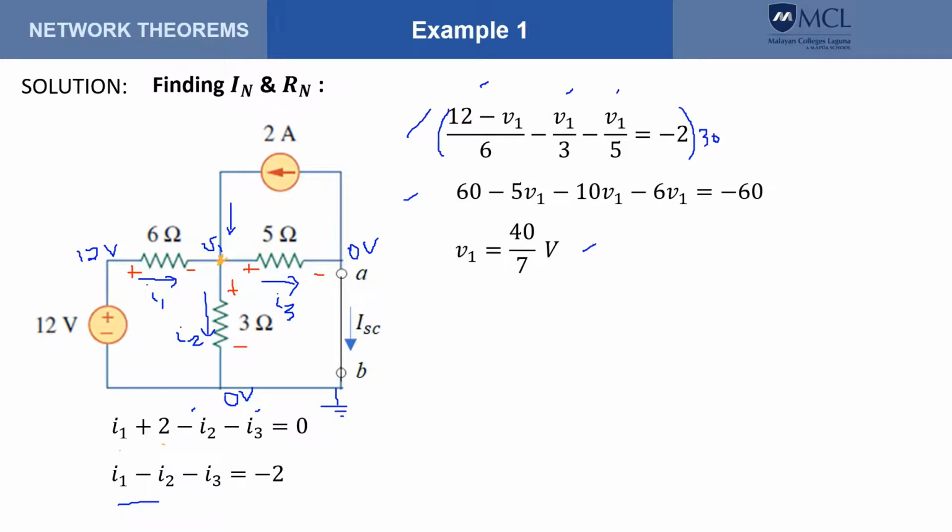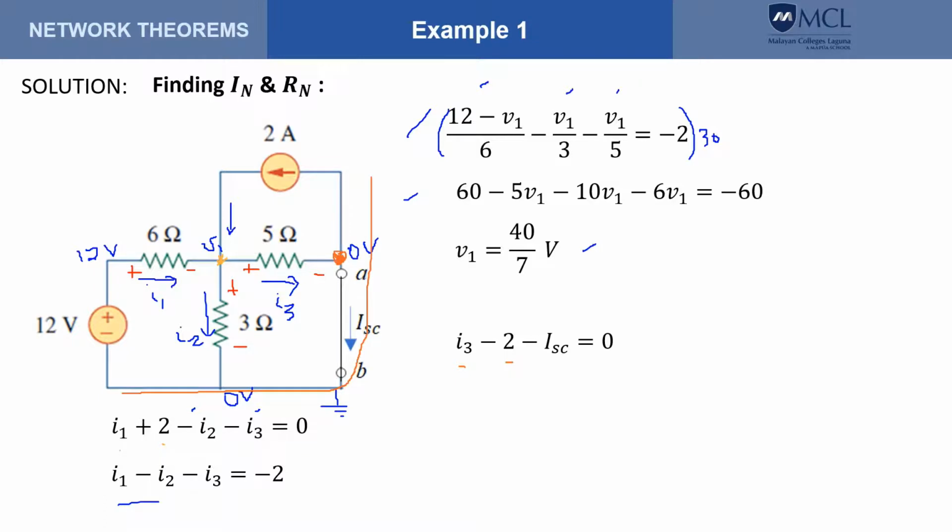Now, how do we compute for the current I sub SC? We can utilize this node here and apply KCL there. Although this is just one node, we can still apply a KCL here. So I sub 3 is the current entering that node, minus current leaving.